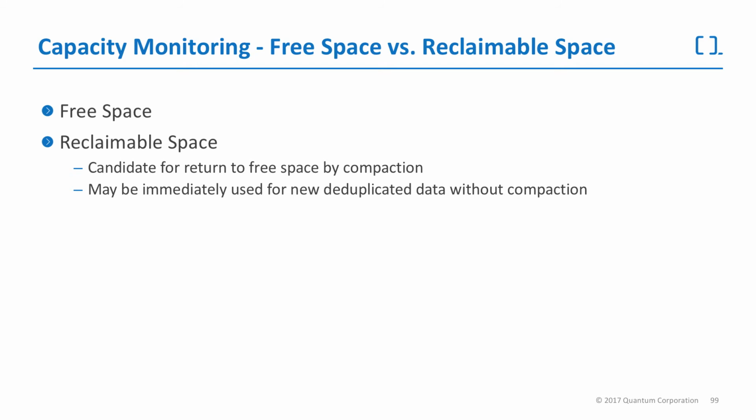This space becomes a candidate for return to free space by compaction, and it may be immediately used for new deduplicated data without compaction. If the DXi is configured with non-deduplicated shares, the DXi will automatically compact reclaimable space to create more free space as needed.